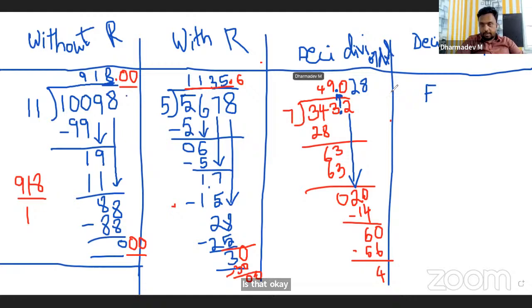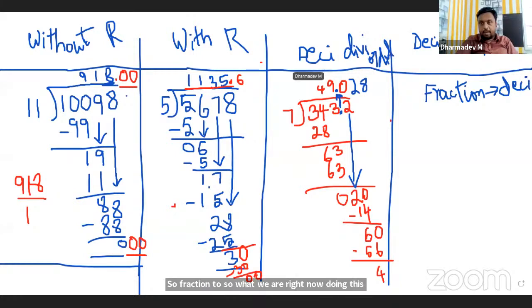Okay, so for the next class, from here, we have to continue. We still have a lot to go on. So fraction to decimal, what we were doing right now, these division questions, and decimal to fraction. Just a decimal number, how to convert it into a fraction.